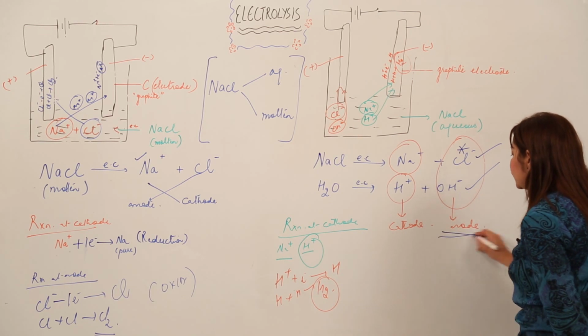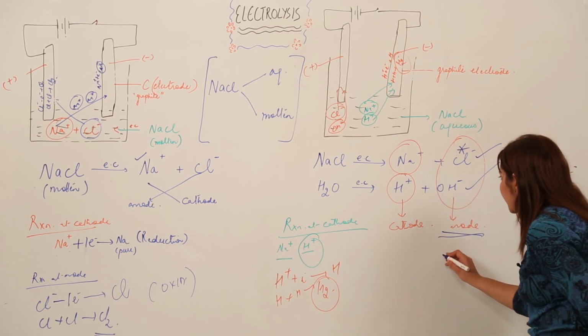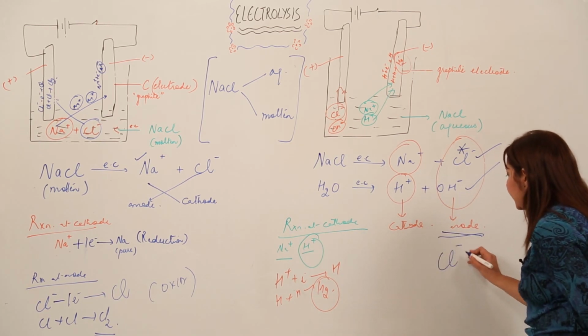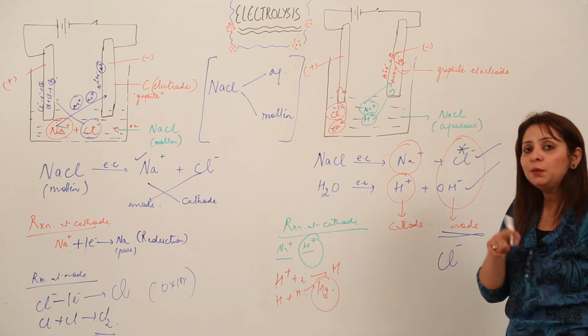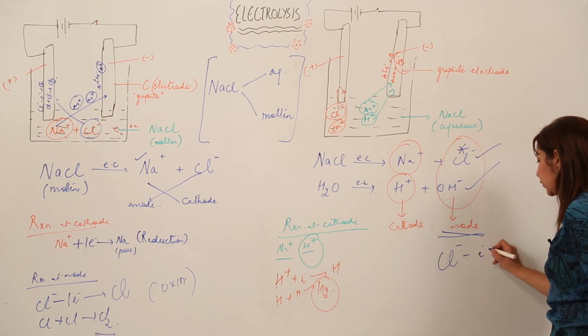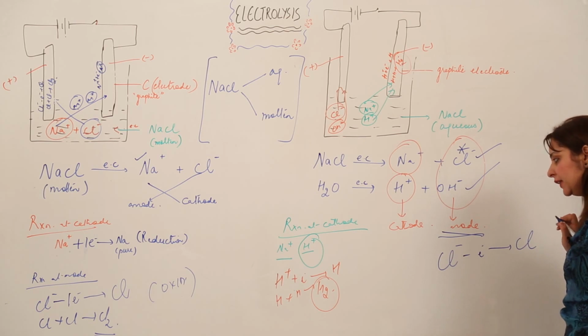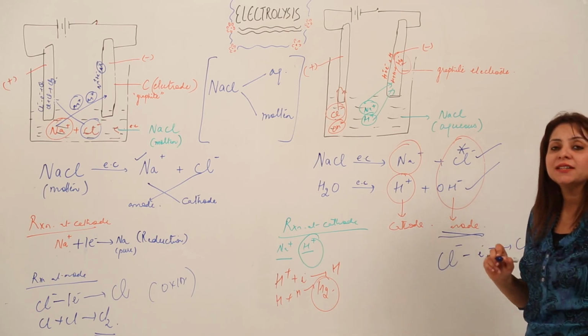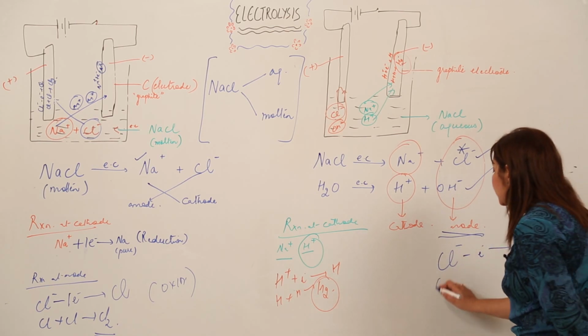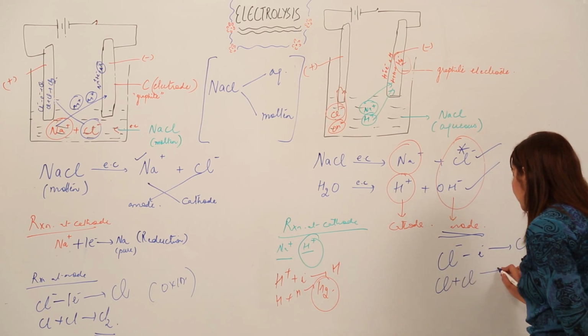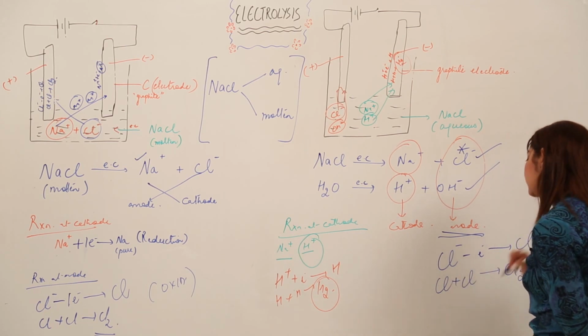So the reaction at the anode is going to be the Cl negative ion losing an electron to form Cl. And as I have told you, Cl exists as a diatomic molecule, so Cl plus Cl unite to form Cl2.